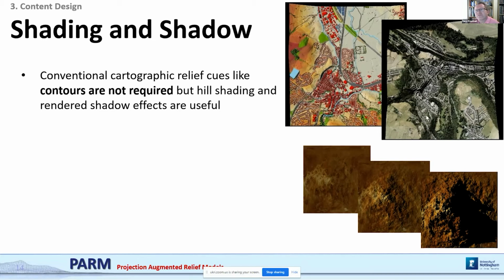It does work to good effect. This example, apologies, is quite small, but it is from an example for the Environment Agency for Hebden Bridge, where the drone data was 3D printed. So you had very fine buildings represented in the model, but projecting a rendered shadow effect as well as a hill shading effect on the terrain did actually exaggerate further the fidelity of the physical model.